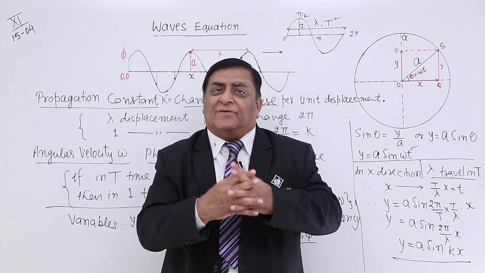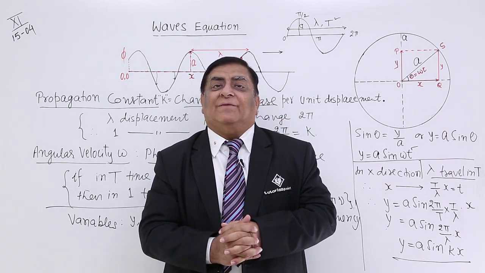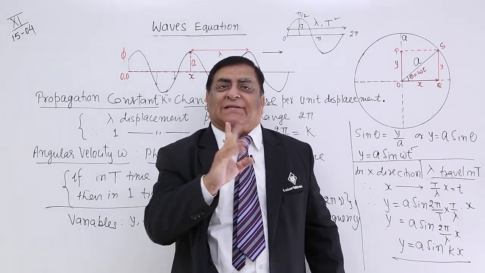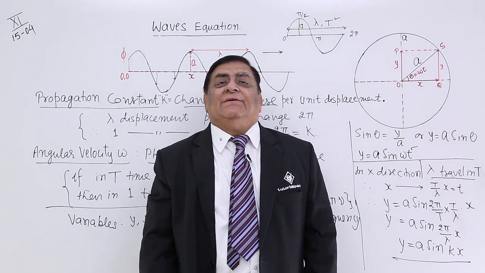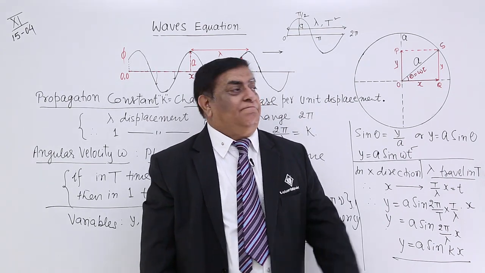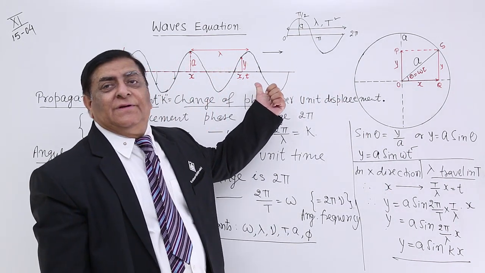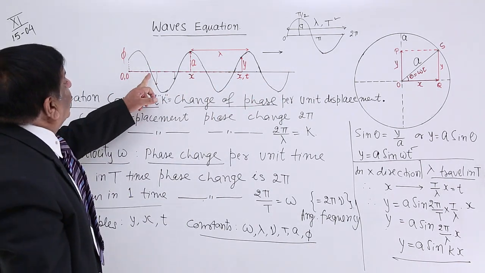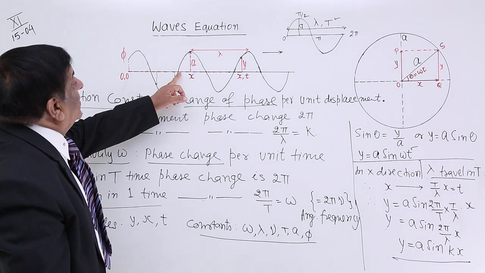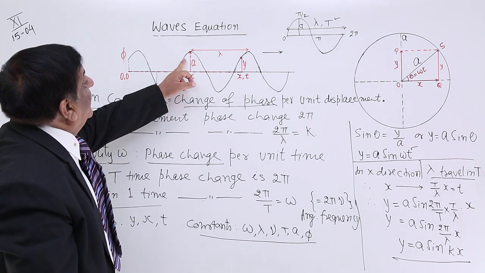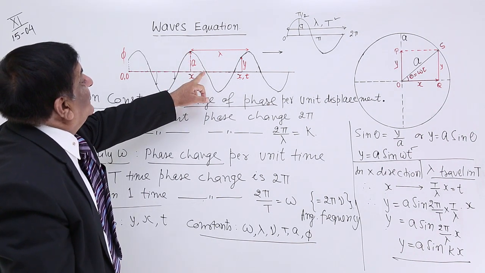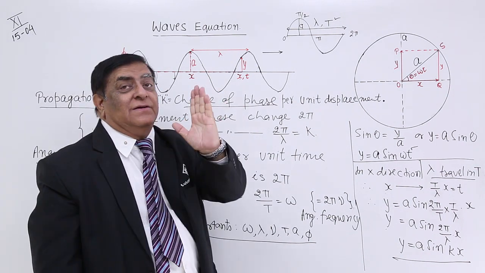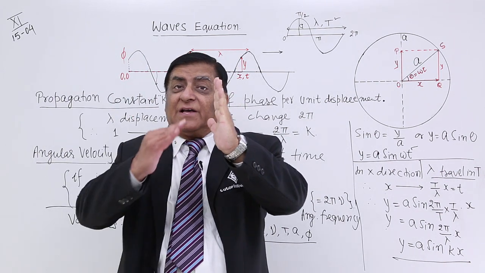And I make a graph. In that graph, I take time on the x-axis and y, the displacement, on the y-axis. How will the graph look? This is time, and at this time displacement is 0. At this time displacement is maximum. At this time again 0. At this time displacement is less because the wave is coming like this.